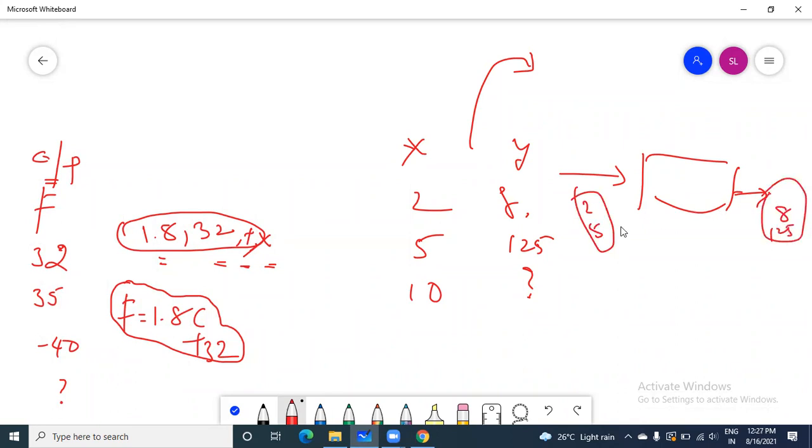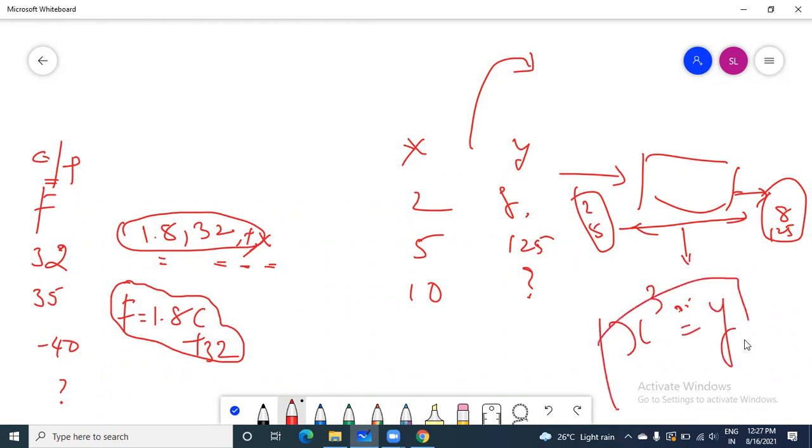So what the system will do is keep checking the relation between these two parameters continuously, and it will come to a conclusion that my output is obviously a power of 3. If I simply create x power 3, that creates my output. This is basically the relation between my input and output. So, people, this is one of the examples of machine learning.